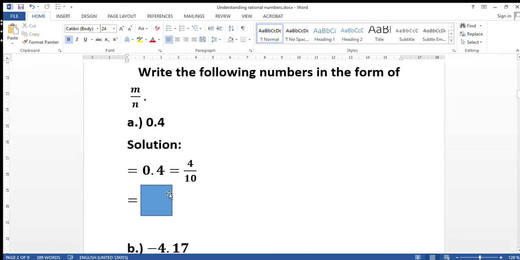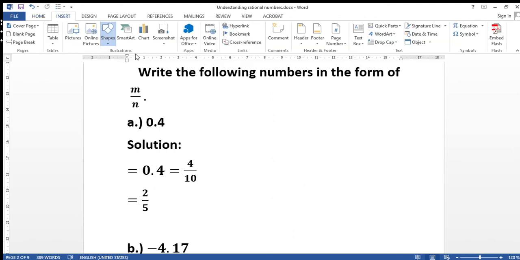So 4 divided by 2 is 2, and 10 divided by 2 is 5. Then look at 2 over 5. Is this the final answer? Can we reduce it to the lowest term? The answer is no. So this 2 over 5 here is our final answer. I'm going to write this one.